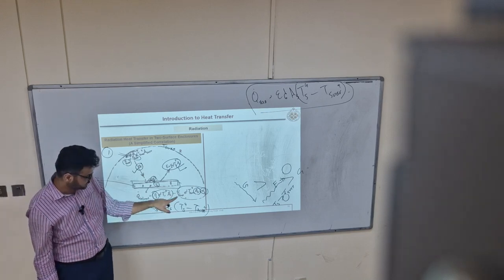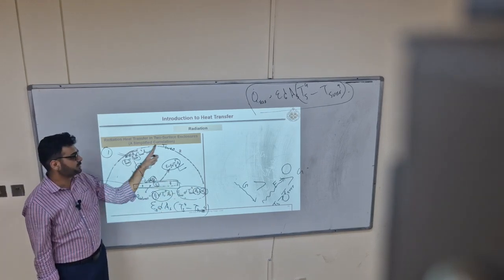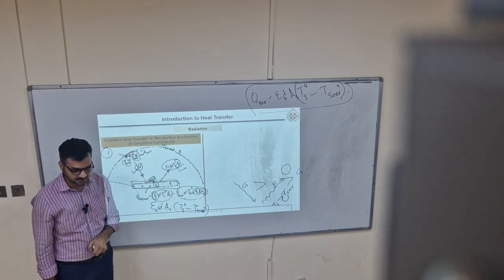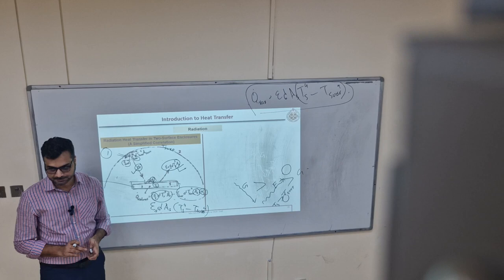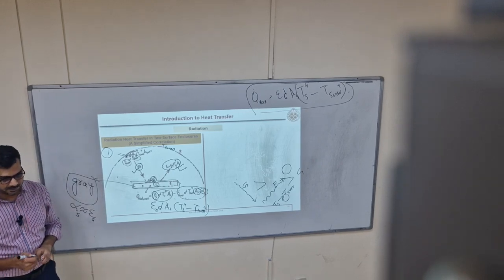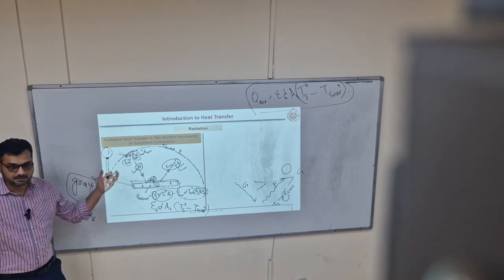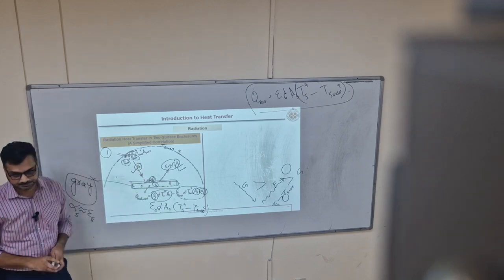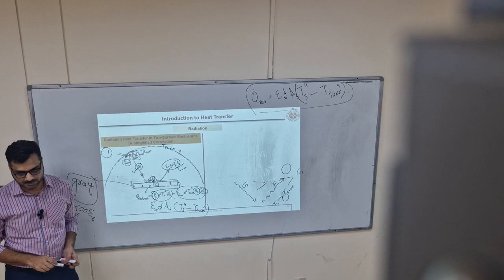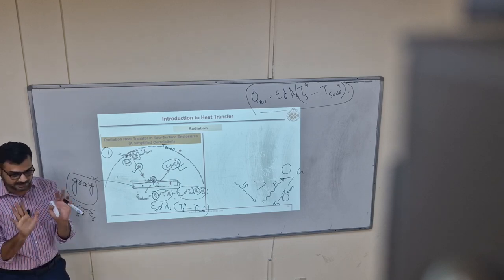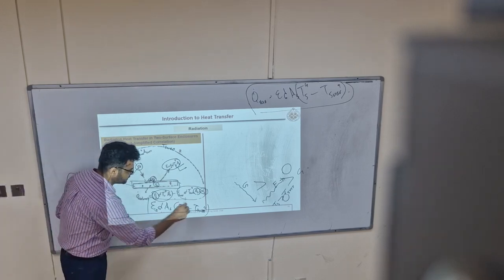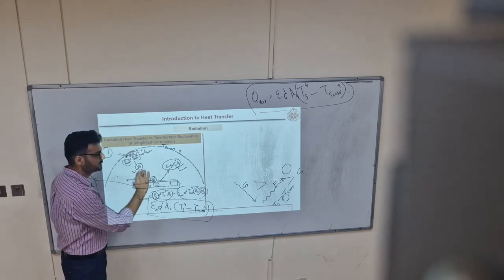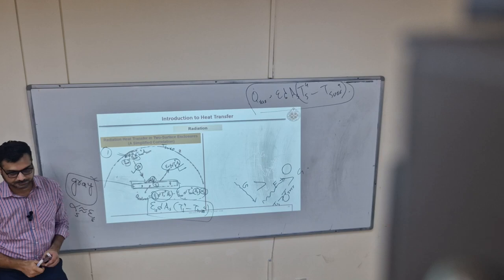Second major assumption: the surrounding body is a black body, so the emittance of the surrounding body is 1. Like the sun. If the surrounding surface is like the sun, then I'm assuming eta of surrounding is 1. So under these assumptions, this equation can be used to find the radiation heat exchange between two bodies.